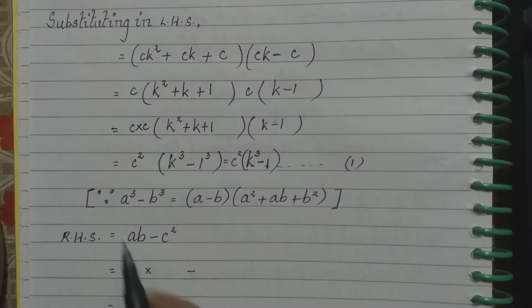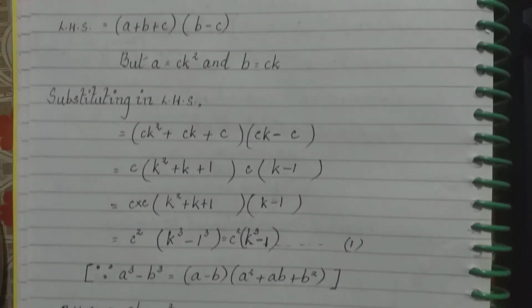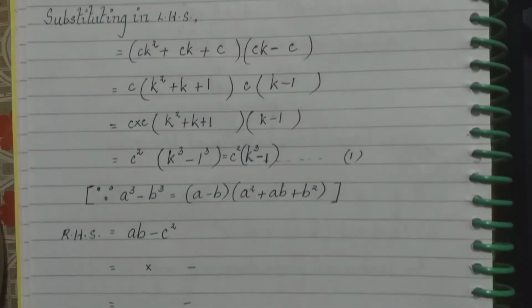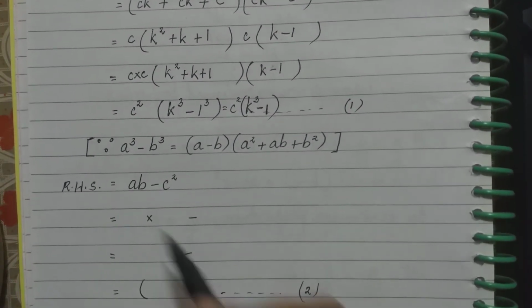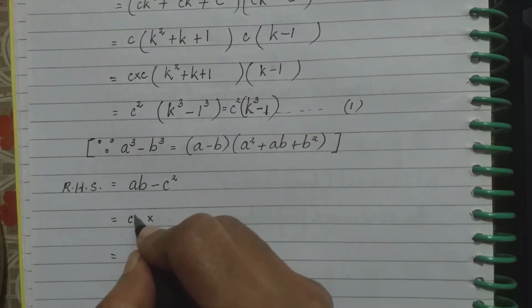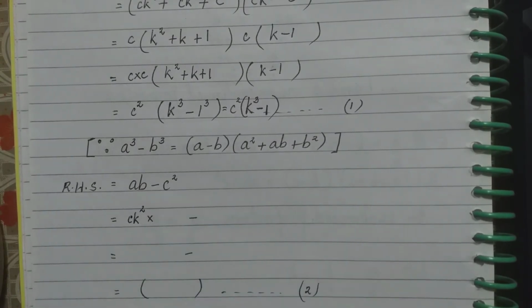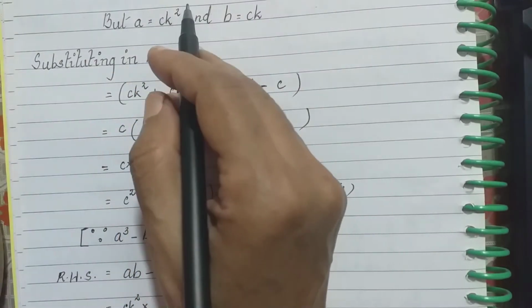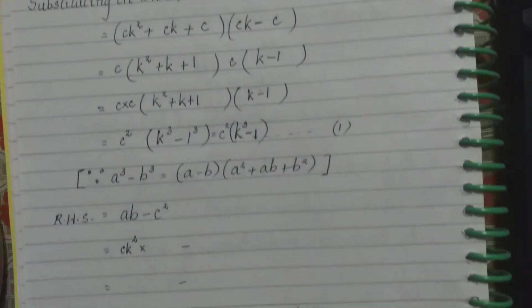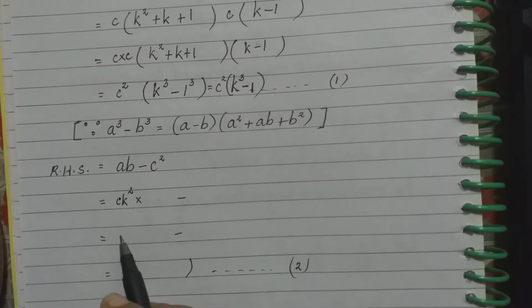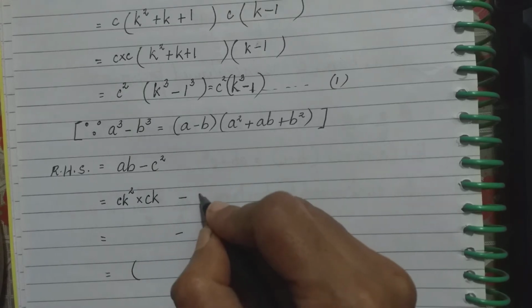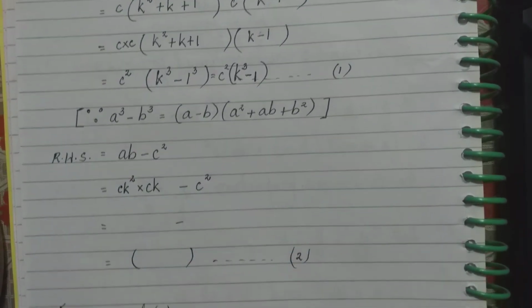Now taking the right hand side, which says that ab minus c square. In place of a now, we will write ck square. See here, a is ck square, b is ck. So in place of a, I have written ck square. In place of b, I write ck minus c square.